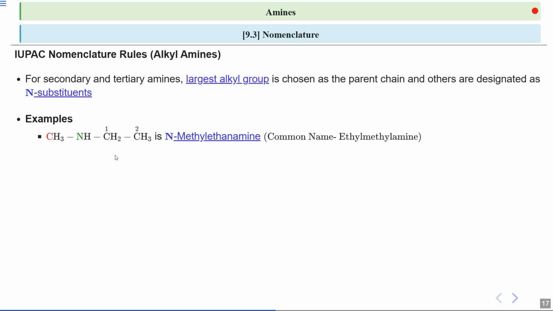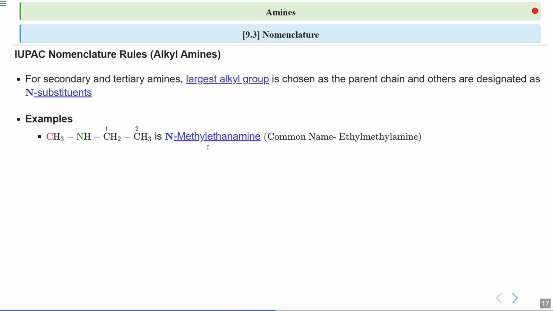Now the groups which are directly attached to the nitrogen are designated as N substituents. This methyl group is directly attached to the nitrogen, so the name will be N-methyl ethane amine, that is, the E of ethane is replaced by the word amine.